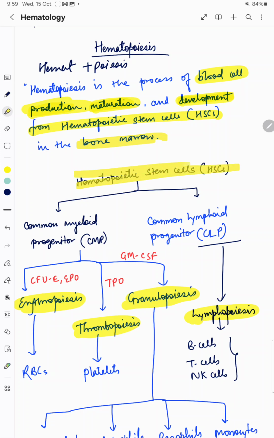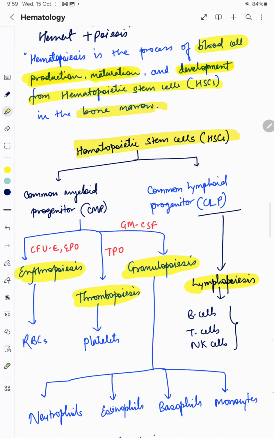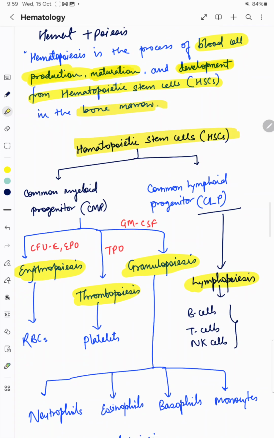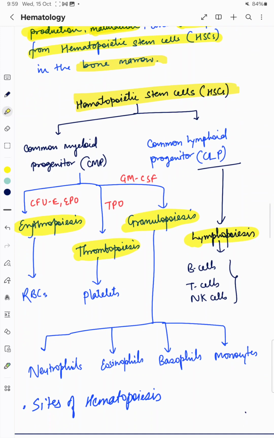This is a brief flow chart of development of various blood cells from the hematopoietic stem cells. The hematopoietic stem cell first converts into the common lymphoid progenitor and common myeloid progenitor.